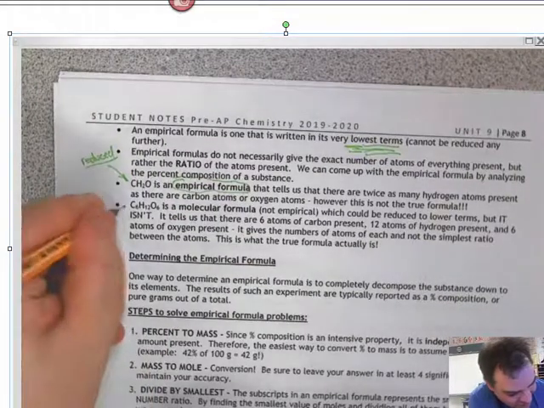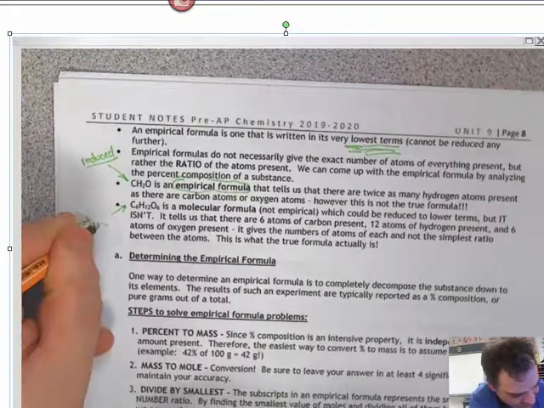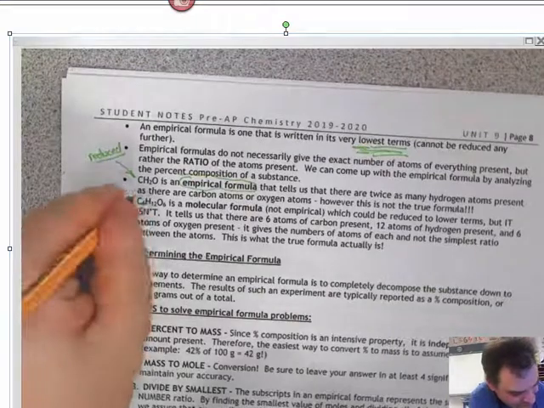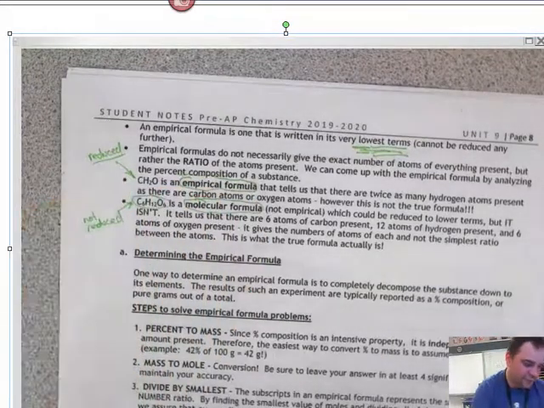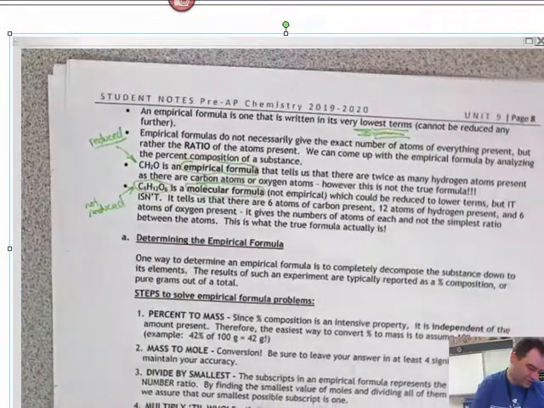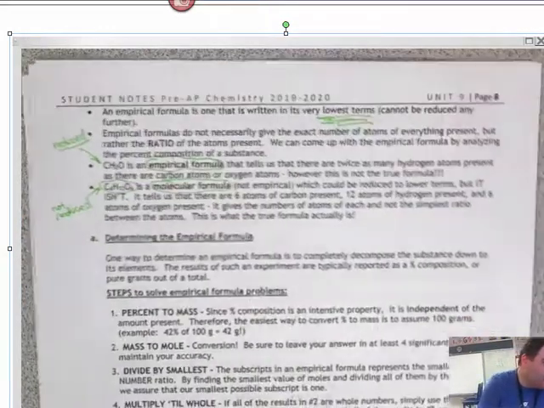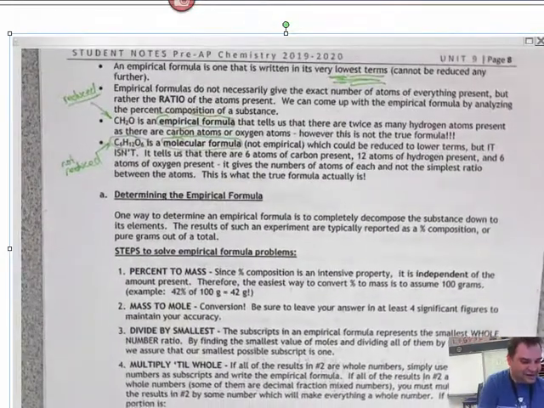This one is not reduced, so that is a molecular formula here. Now here's the thing. Sometimes the molecular formula and the empirical formula are the same thing. Because that's usually what happens for ionic compounds. They're usually the same. Okay.